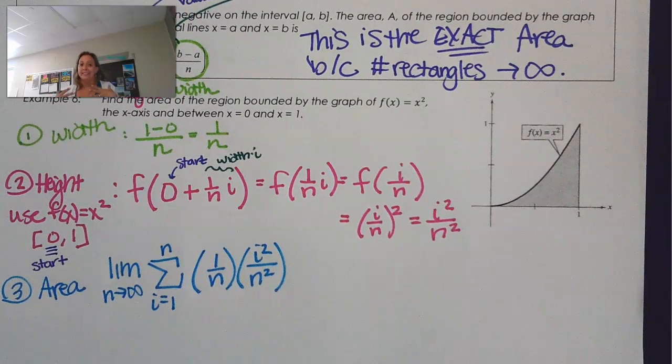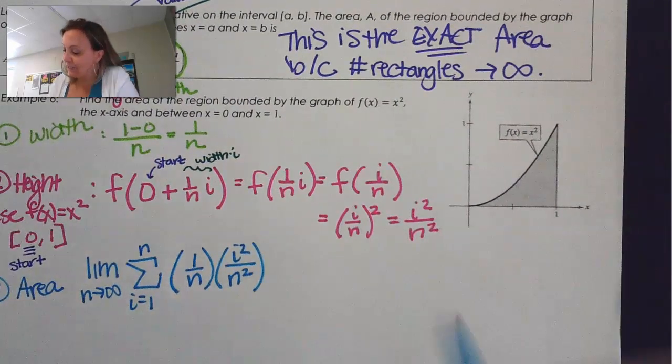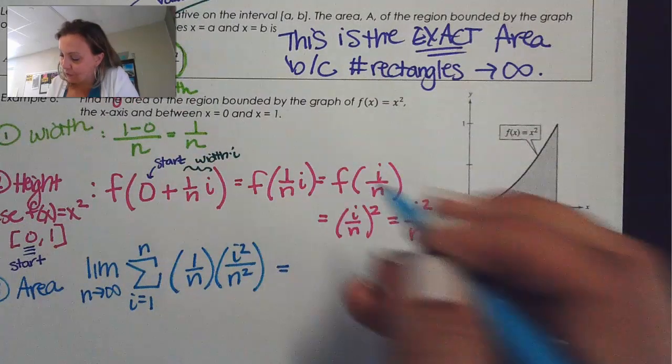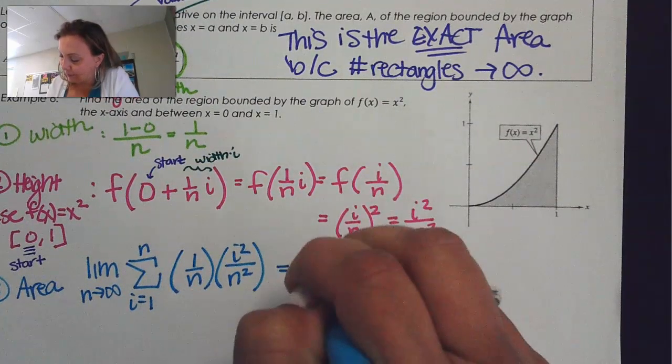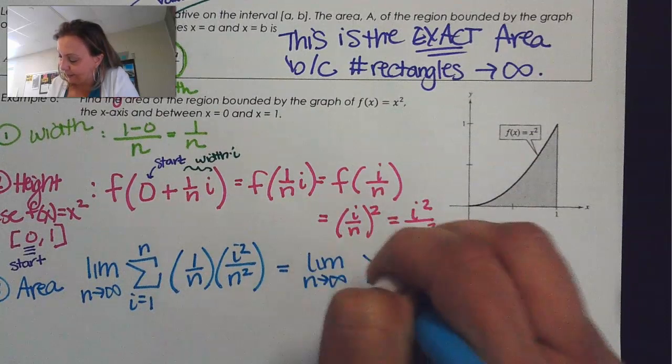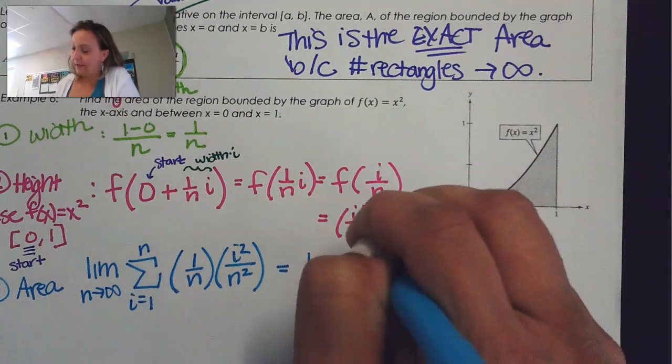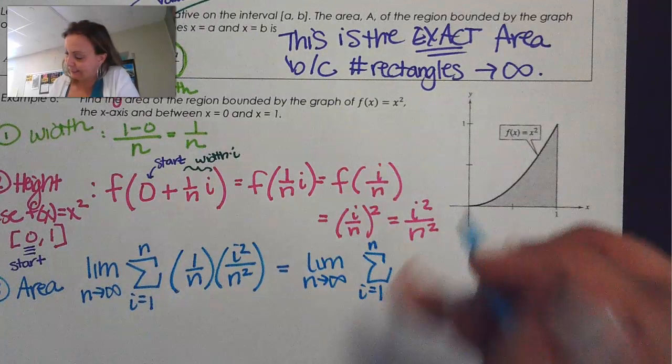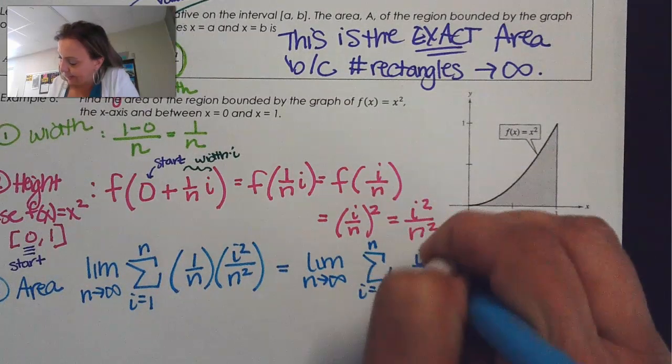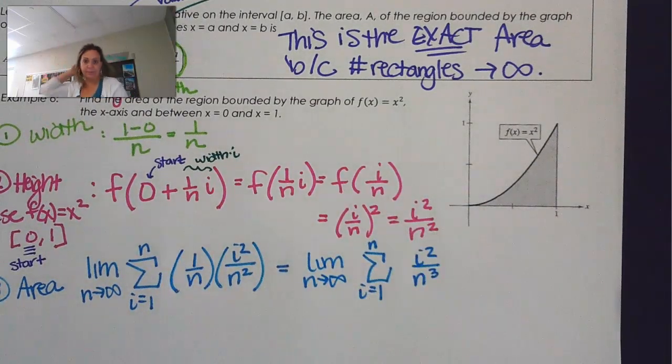So let's clean this up a little bit, okay? We're not going to use any properties, just algebra to rewrite this in a better way. We can multiply these together, and this can be i squared over n cubed. Now let's think about using the properties of limits.